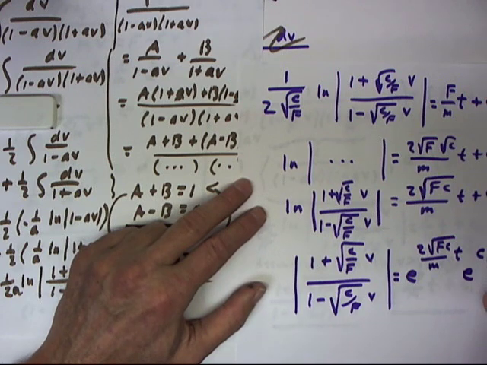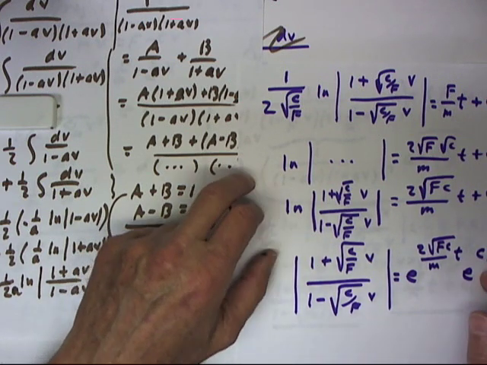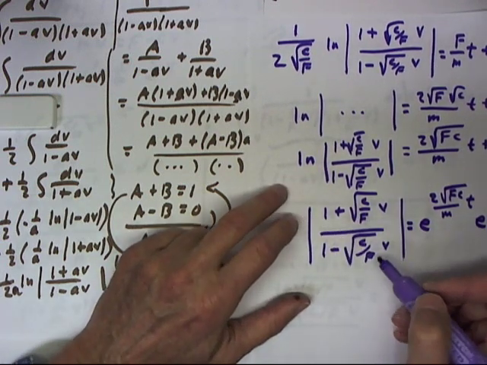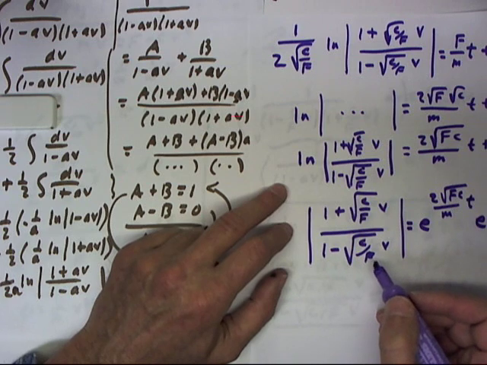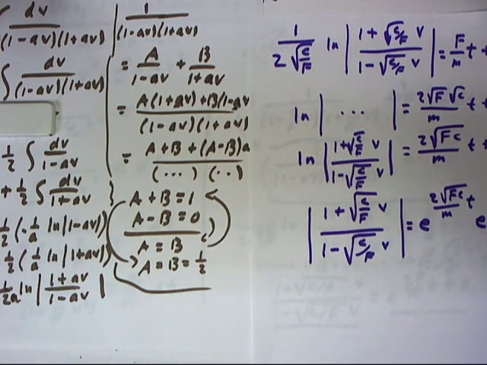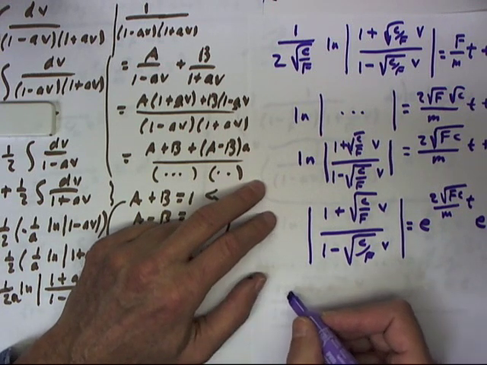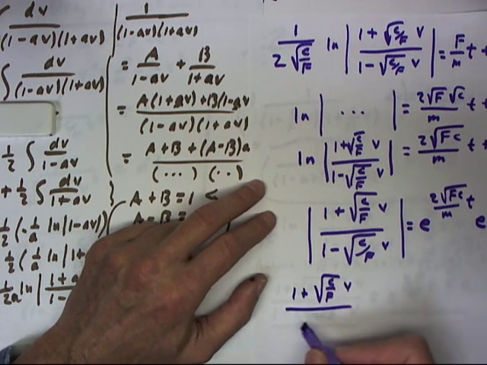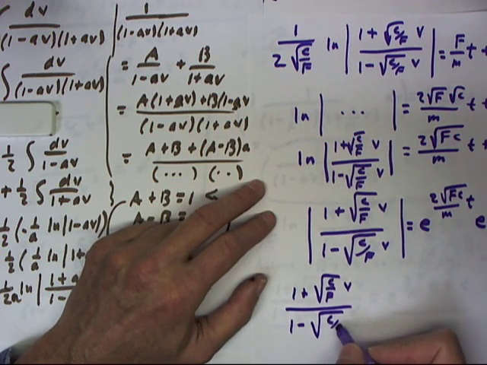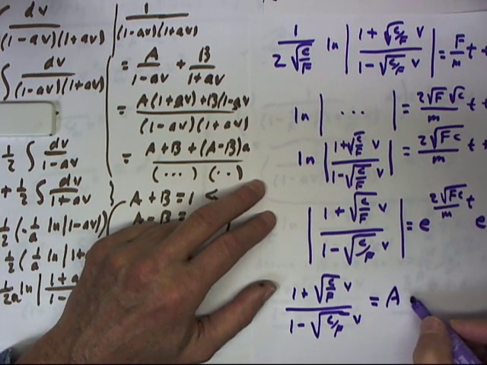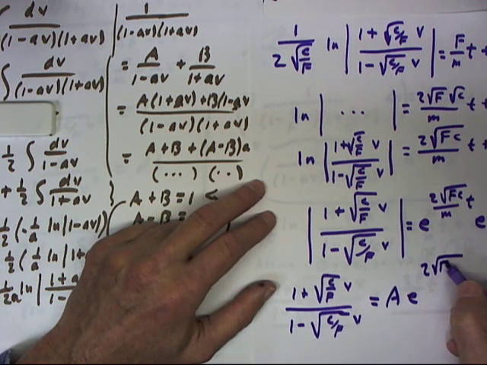We're going to replace e to the c1 by a constant a greater than 0, and we've seen why that's the case. And we can say that if this term is positive, this term of course always will be positive, provided the denominator is also positive, we can write this as 1 plus the square root of c over f v divided by 1 minus the square root of c over f v equals a e to the 2 square root of fc over m multiplied by t.